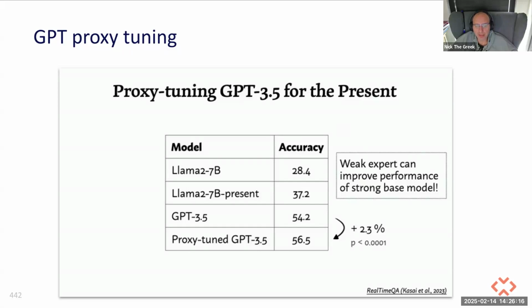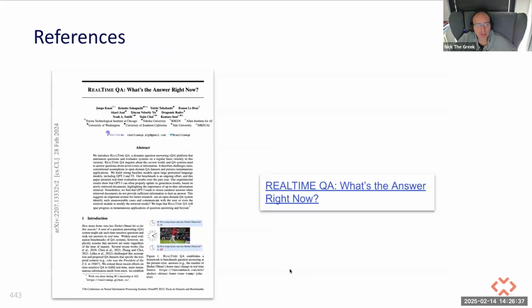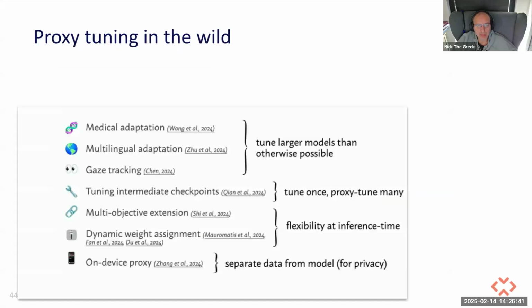It gives you only the top 10. And they did show that for some tasks here, they were able to proxy tune GPT 3.5 with a Llama 7 billion. And you did get a 2.3% lift with the proxy tune, which the authors say is statistically significant. Which I think is a great start.